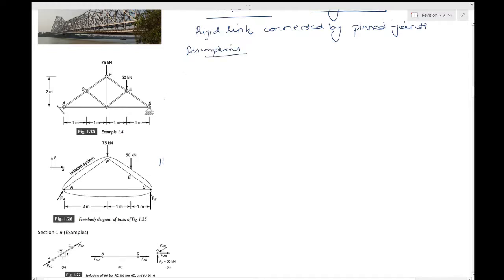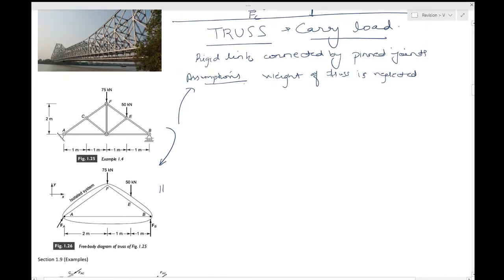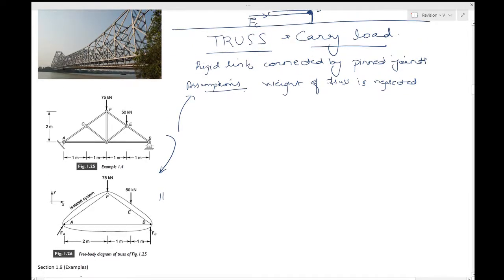Assumptions in coming from here to here. Okay, what are the assumptions? First, just like the last case, the weight of the truss is neglected. Now you can always wonder, looking at the Howrah Bridge, how can you ignore the weight of a truss structure like this?